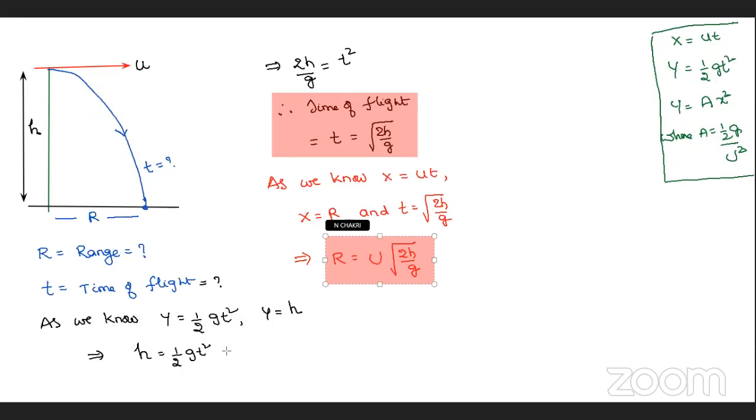Okay. And if they ask in the same question, while reaching the ground, suppose one person stood here and catches that ball which is thrown from the top of a tower with a horizontal velocity u. And immediately seeing the roof, the angle of elevation, if they ask, angle of elevation means like this.